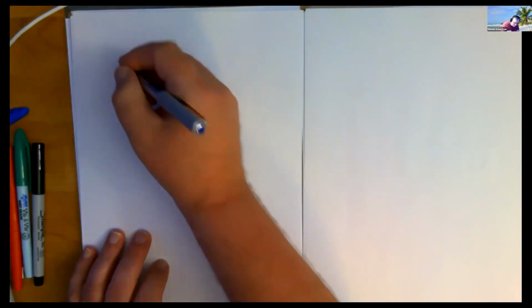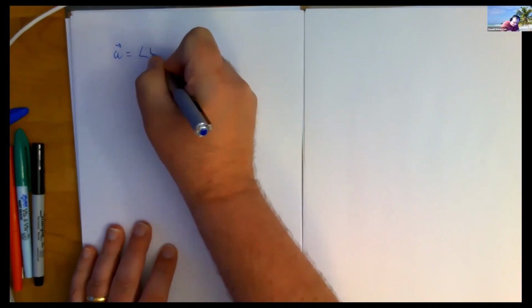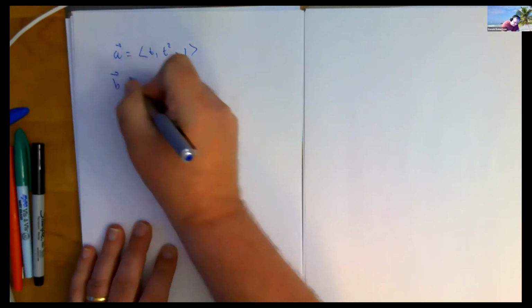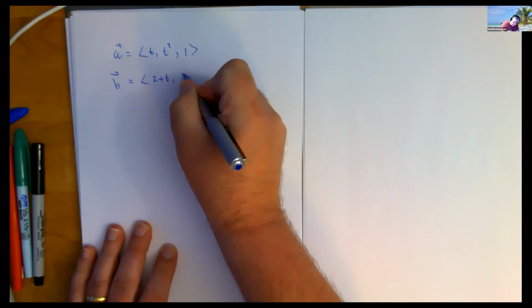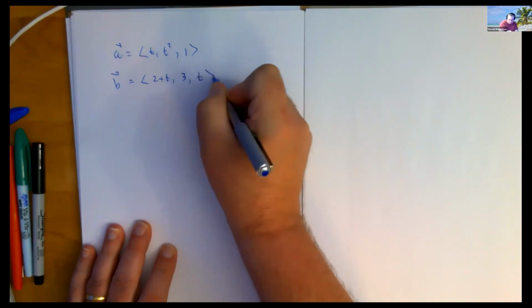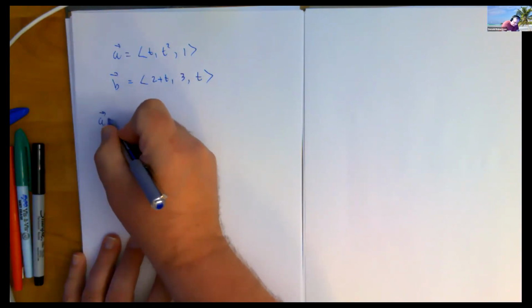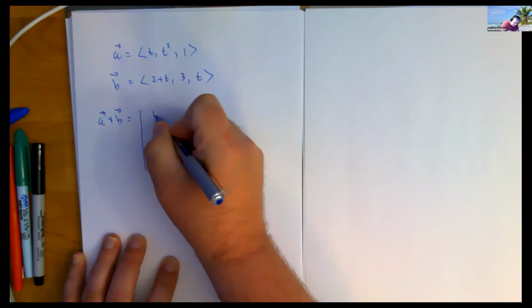Right, so suppose, I'll do my own vector. Suppose A was t squared, 1, and B was a vector 2 plus t, 3, t, something like that.